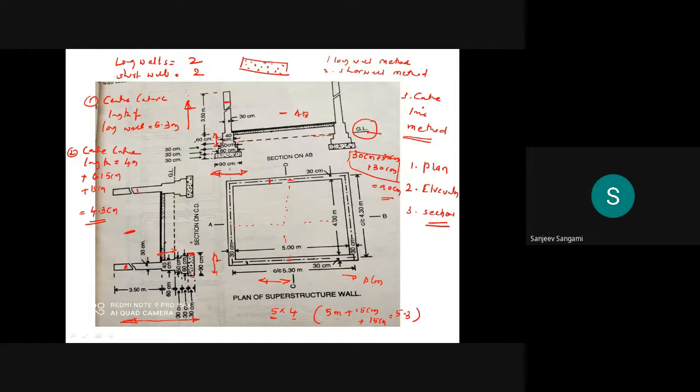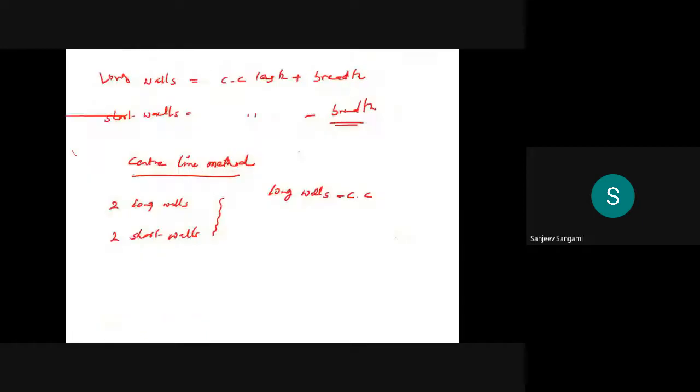In this plan you can see the center to center length they have given: 5.3 is the center to center length of the long wall, and here you can see the center to center length of the short wall is 4.3 meters. Then you add up all those things.